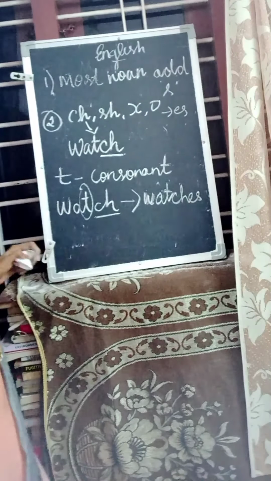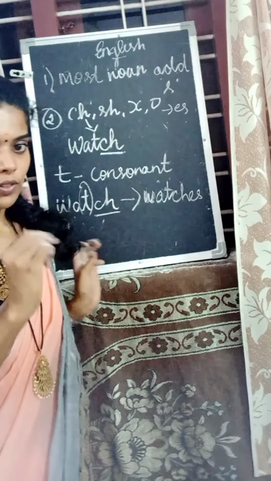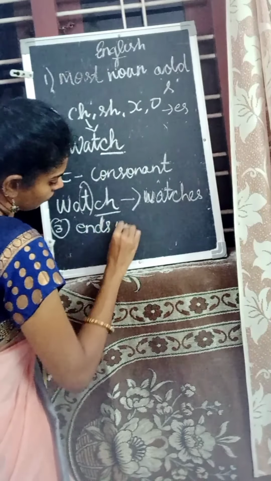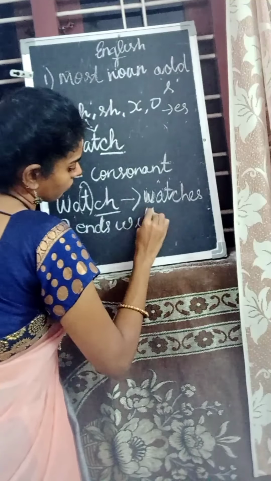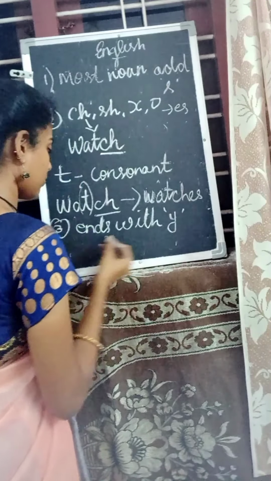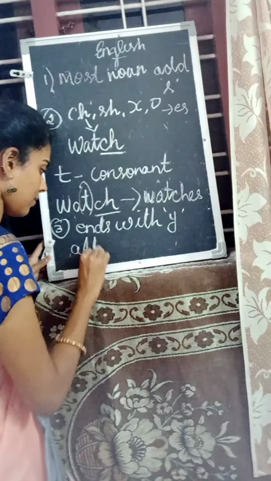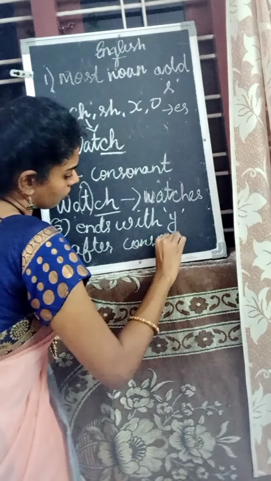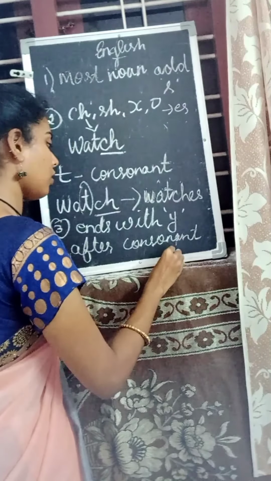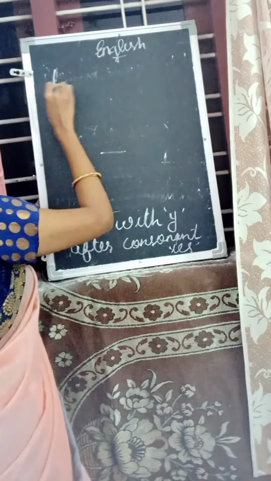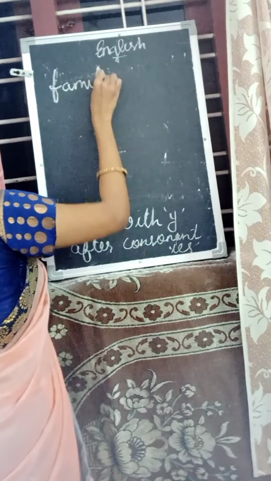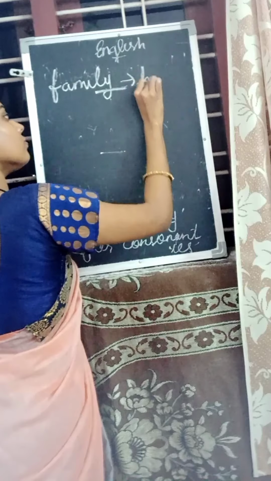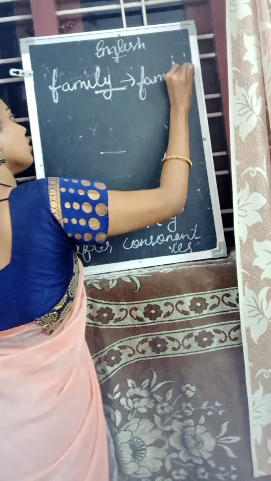Okay, add ES. The third one is nouns ending with Y. After a consonant, you need to add I. Family, after this Y, families.